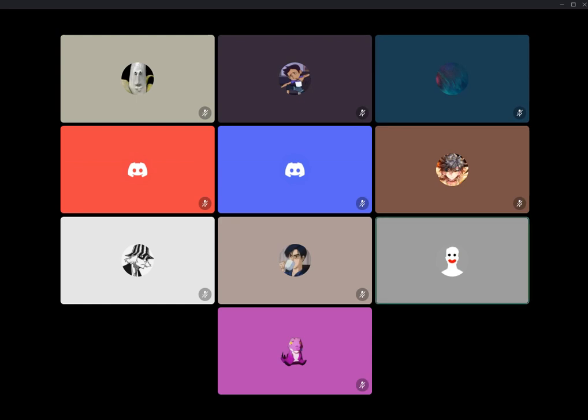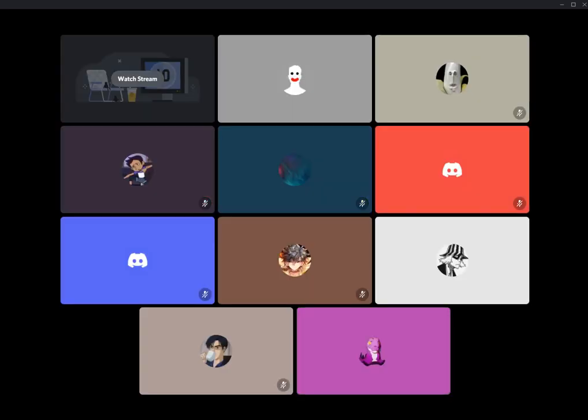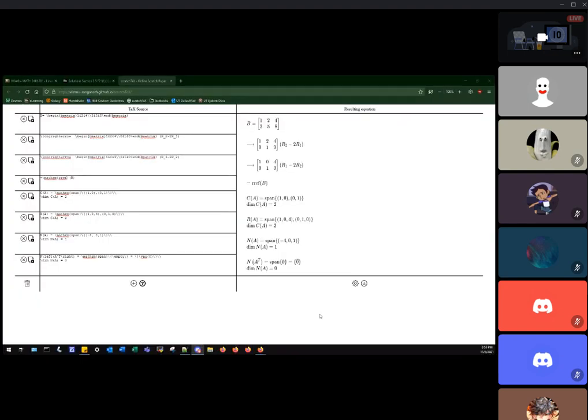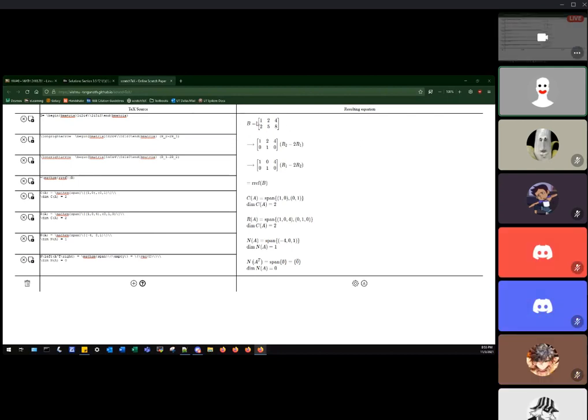Okay. Should we go over it? Is anyone not done? Okay. So we're given the matrix B. The first thing you want to do is get to reduced row echelon form, and these are the row operations I did on it.